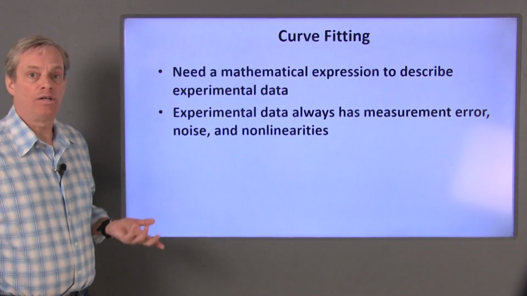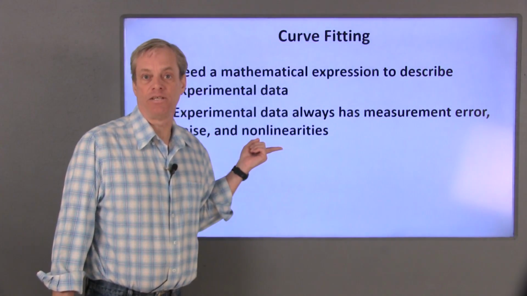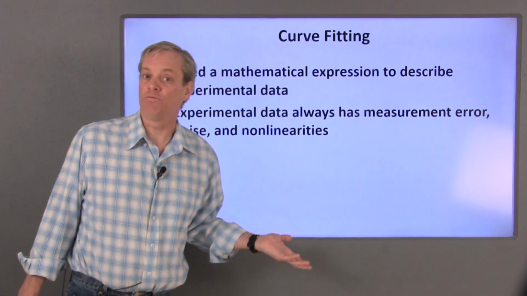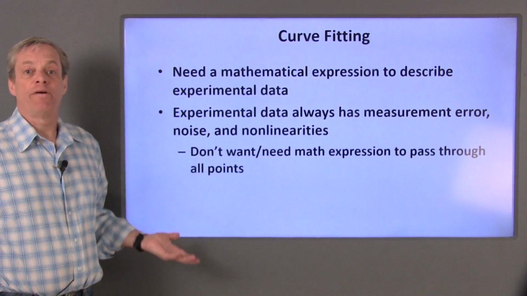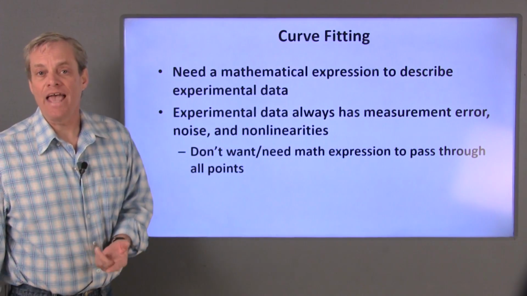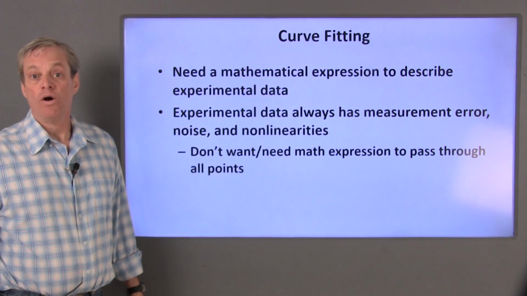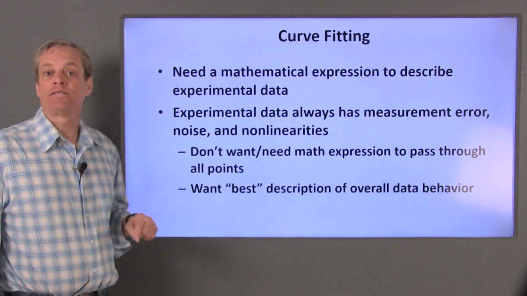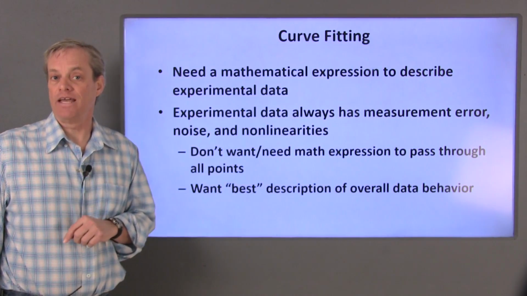Another problem is that all systems are nonlinear to some extent, and any linear model will be only an approximation to their actual behavior. Therefore, the best mathematical model may not necessarily pass through all or even any of the data points we measured. What we really want is a straight line model for the data that best describes the overall behavior of the data.